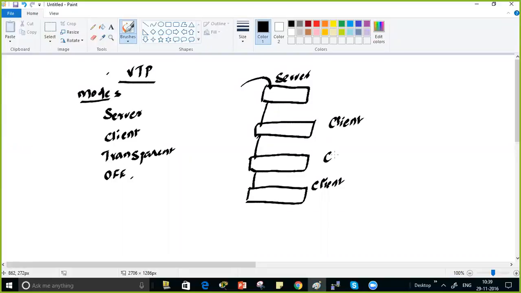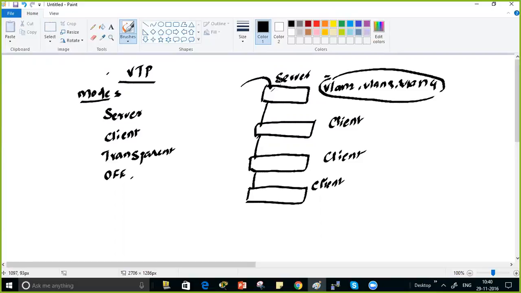If you configure VLANs in this server, just assume VLAN 2, VLAN 3, VLAN 4. We don't bother about configuring them again in other clients. This VLAN database will reflect.